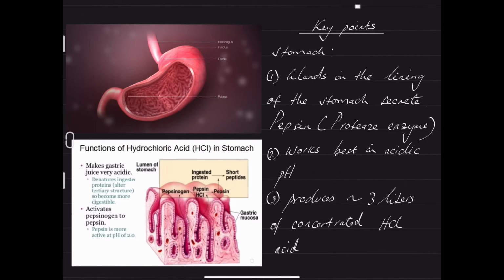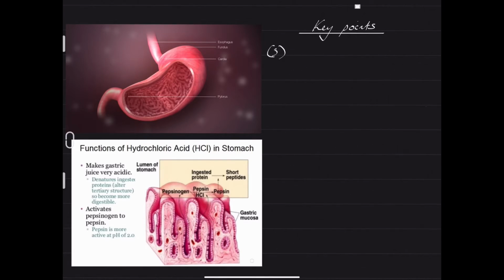Also, you need to know that the hydrochloric acid is also very important for killing the majority of the bacteria that is found in our food, so we're not falling ill. Okay, so stomach produces approximately 3 liters of concentrated hydrochloric acid, and this is produced daily so that we can break down the food and also help with the enzyme activity.